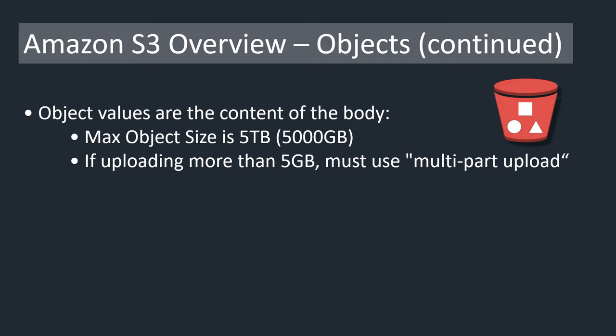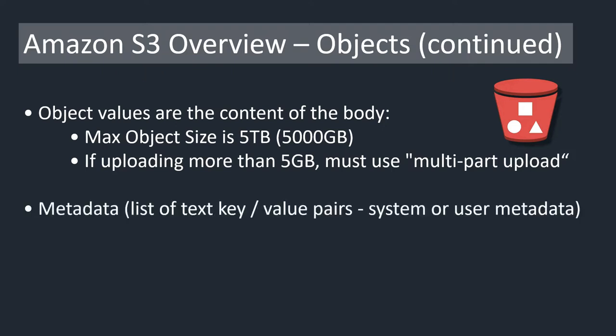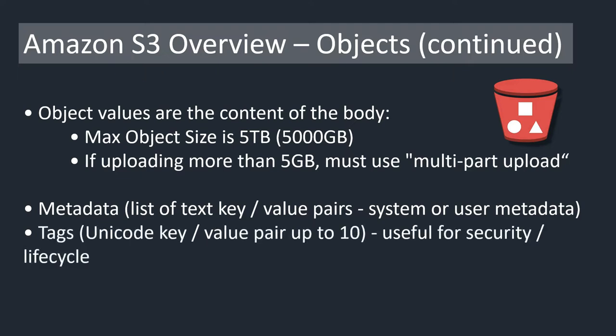Now, each object in Amazon S3 can have metadata. It is a list of key-value pairs that can be system or user metadata, and this is to add information onto your objects. There are also tags, which are key-value pairs, very useful for security or lifecycle policies.